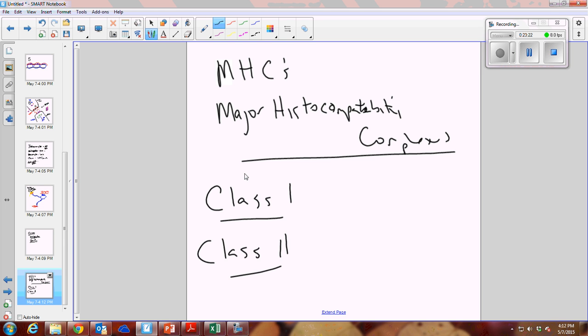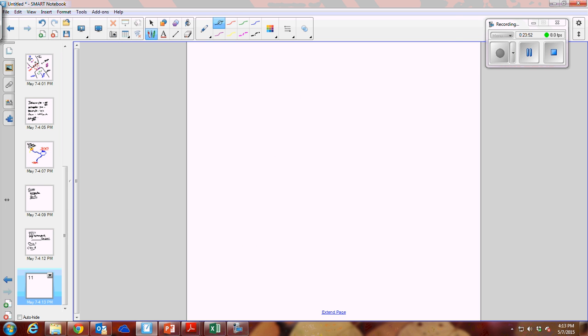Easy enough. Class 1 MHCs are all of your cells besides white blood cells. When one of your cells is infected by some sort of pathogen, it will hold out the antigen on the outside of the cell. So let's say here's your cell, and here comes a pathogen ready to infect your cell.